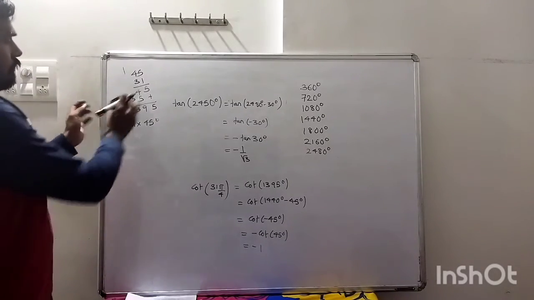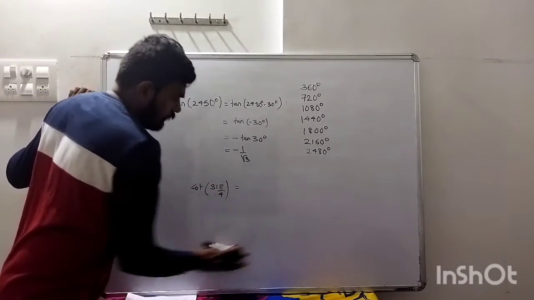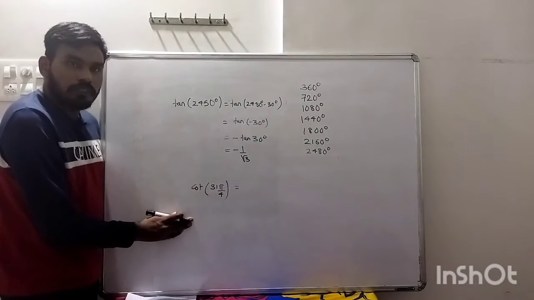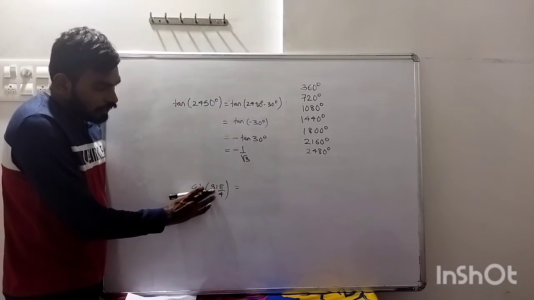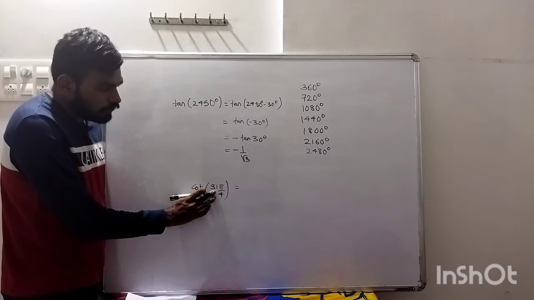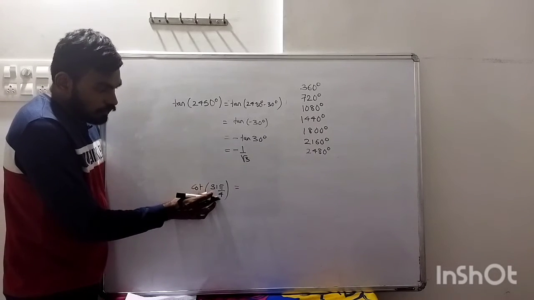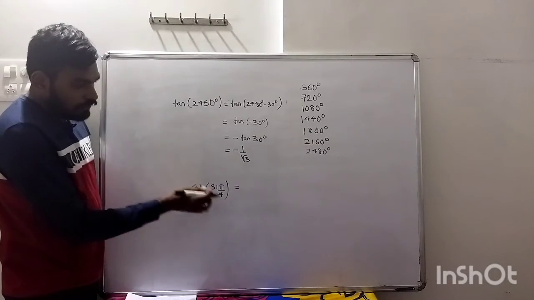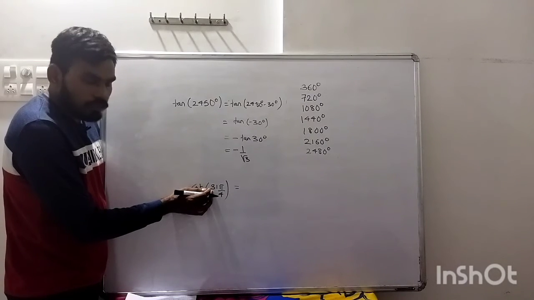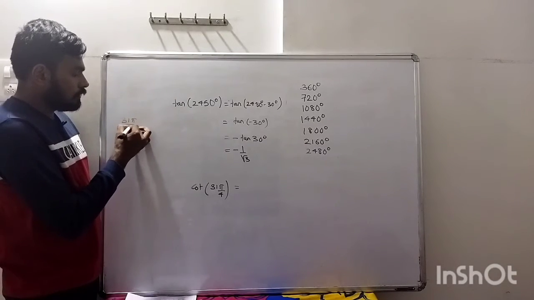Okay. If you want it in radians only, then also I can do it. What is this? 31 pi upon 4. So you have to write this as a multiple of 2. See, whenever we divide that number, you should get an even number. That you have to take care of. See, 31 pi upon 4.